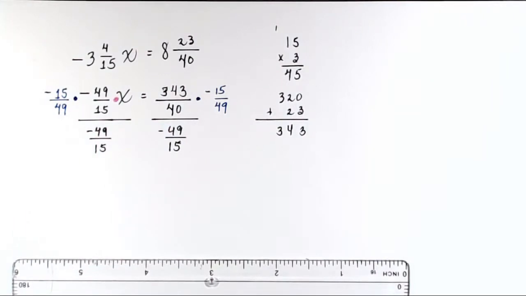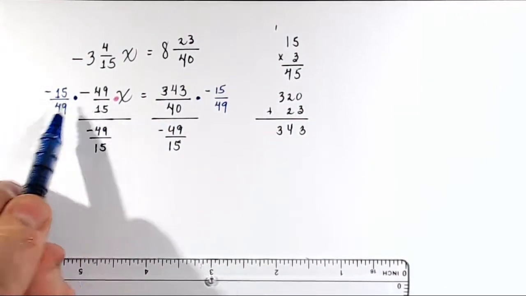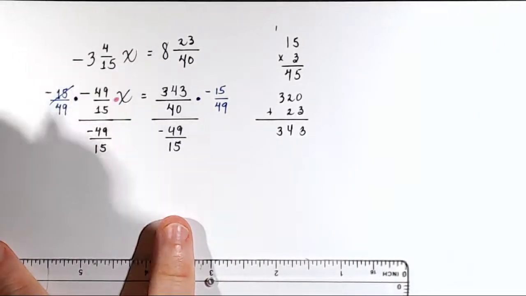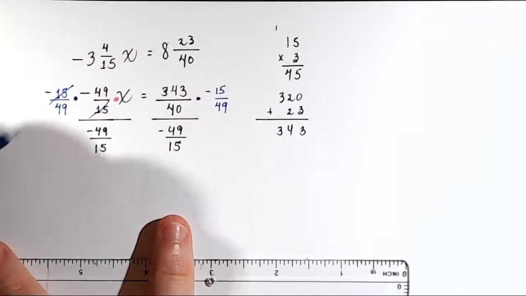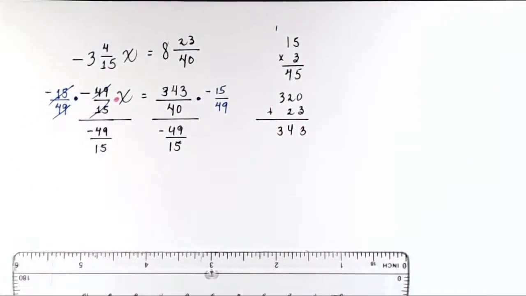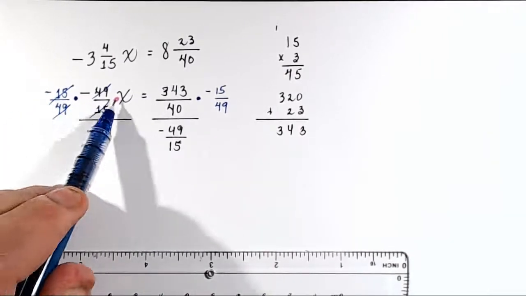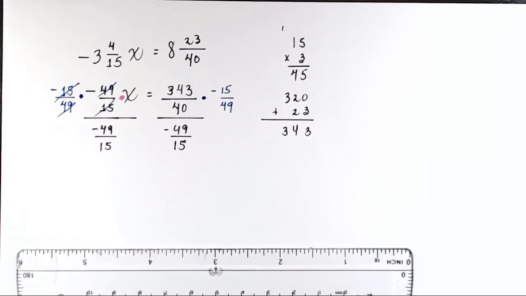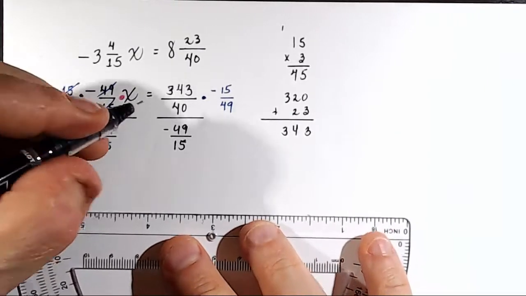Okay, so here's the fun part. On the left side of the equation, this 15 cancels with this 15, and this 49 cancels with this 49, and a negative times a negative is a positive 1. So the only thing that's left on the left side of the equation is just x.